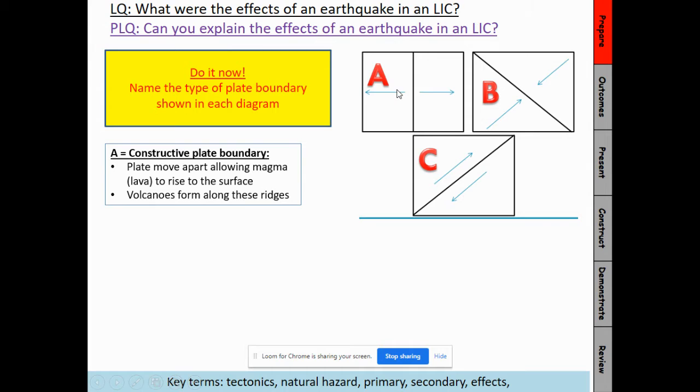You'll notice that the arrows are moving apart from each other. That means the plates are moving away from each other, which allows the magma or the lava to rise from under the earth up to the surface. These form what we call ridges, and along the ridges is where volcanoes are formed.